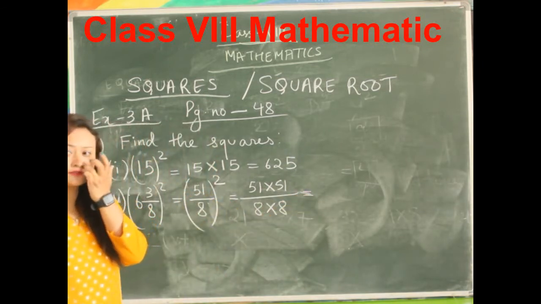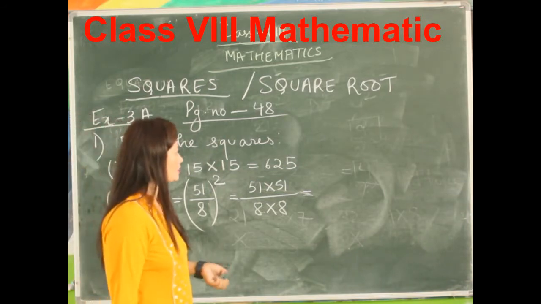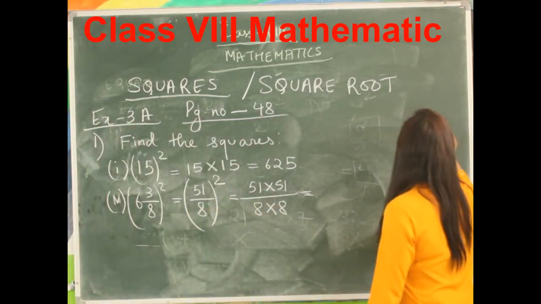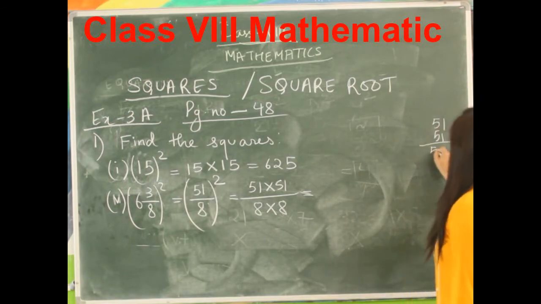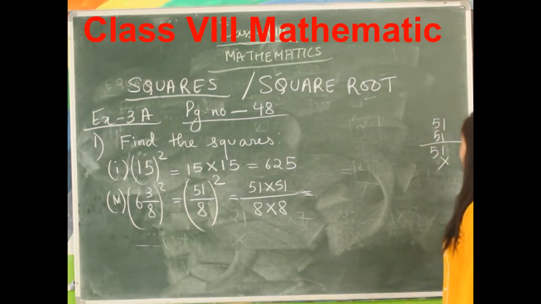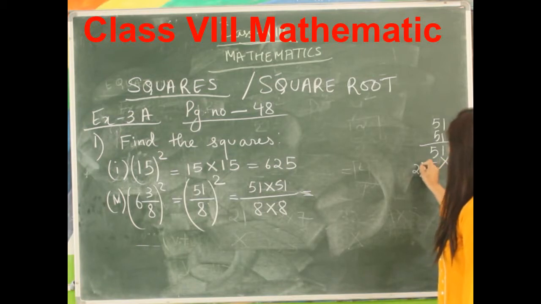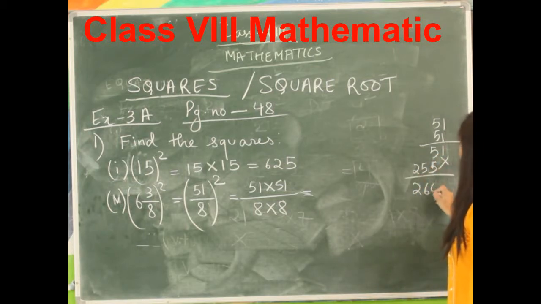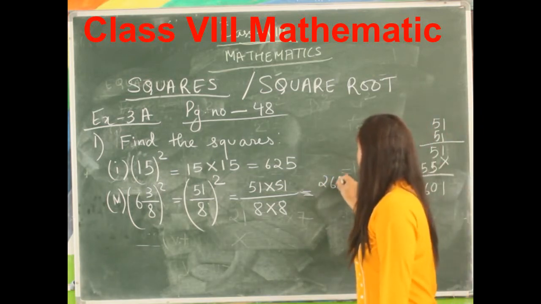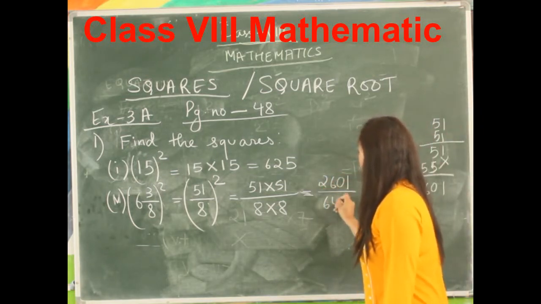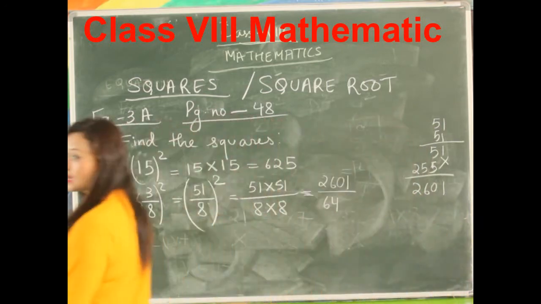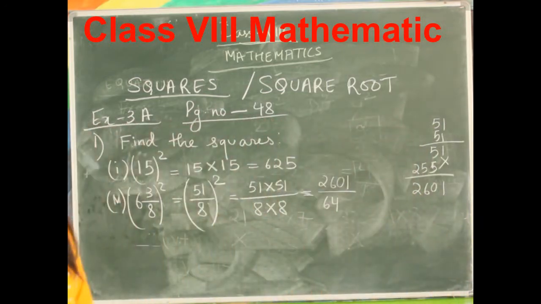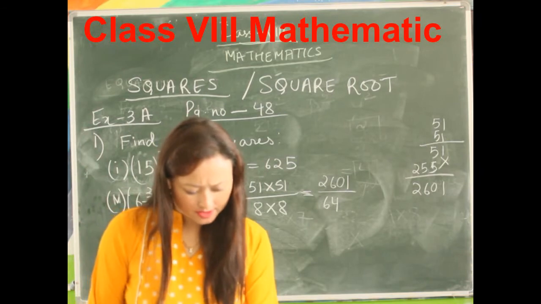And what is 51 into 51? You can do it roughly over here, 51 and 51. You get 2601 upon 64.